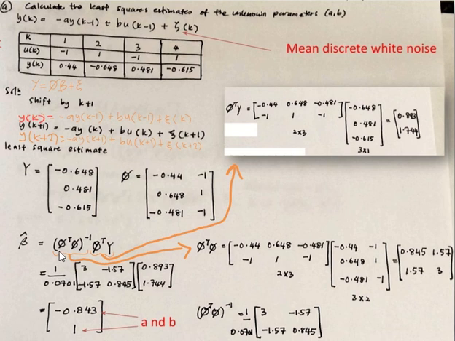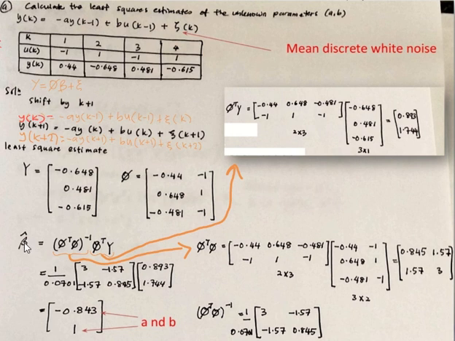For theta transpose theta, this is the result, and when we take the inverse, this is the value. So we take this value to here, and also this value to here, multiply everything, and we get beta hat.